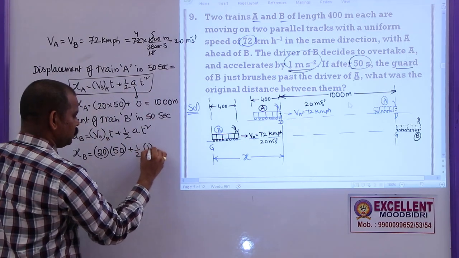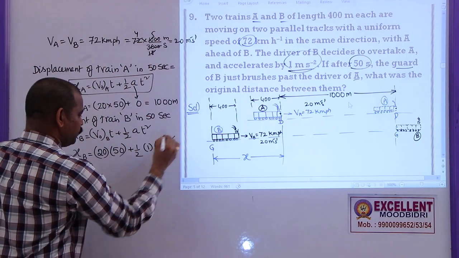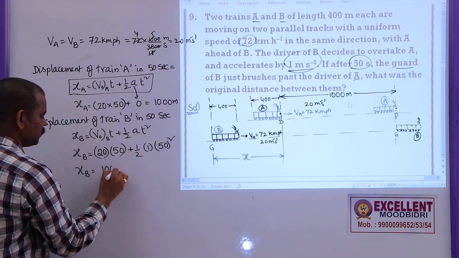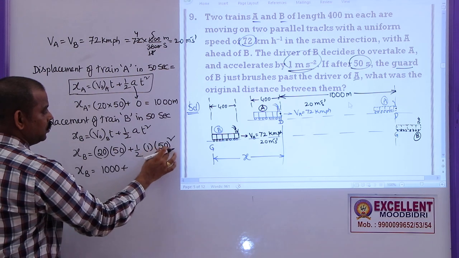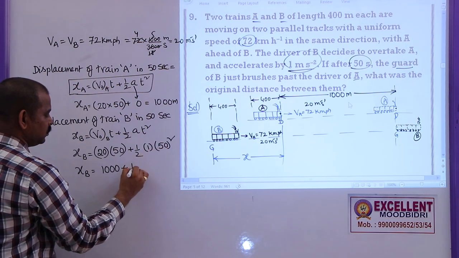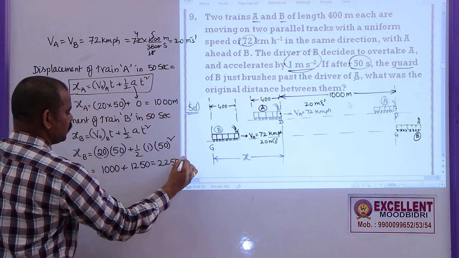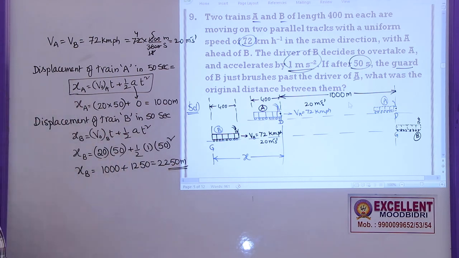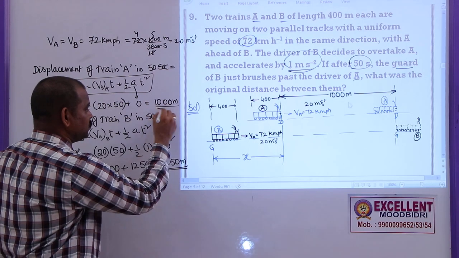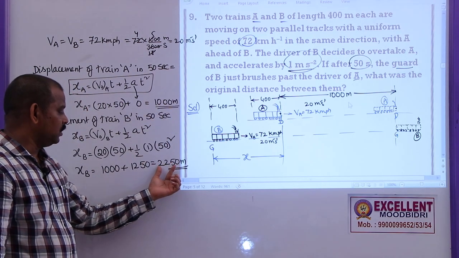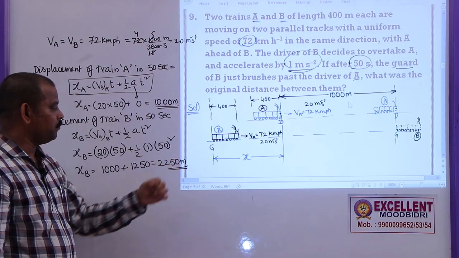So, half into 1 into 50 square. So, this is 1000 plus 2500 by 2, that is 1250. So, total 2250 meters. So, the displacement of the first train is 1000 meters only in 50 seconds, but the displacement of second train is 2250.